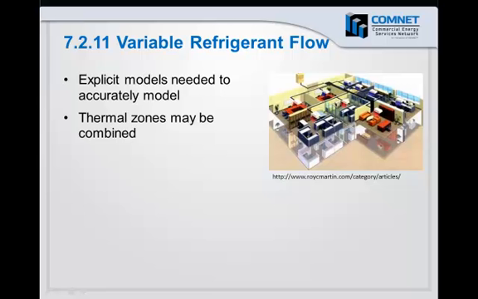With these systems, there are often many zones that can and should be combined for the purposes of modeling, just to simplify the models. To model these accurately, software needs to have explicit models because of the techniques used.